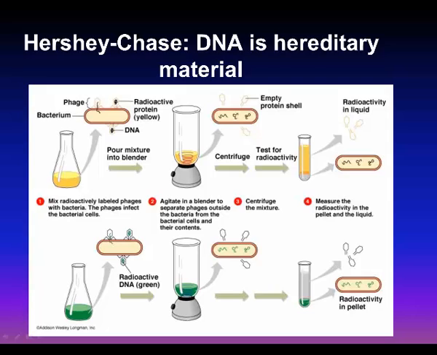And so they had a solution that just had cells in it and the protein coats. Then they tested the liquid for radioactivity. What they found was that the only radioactivity present in this preparation was radioactive sulfur, and that told them that the proteins did not make it into the cell.